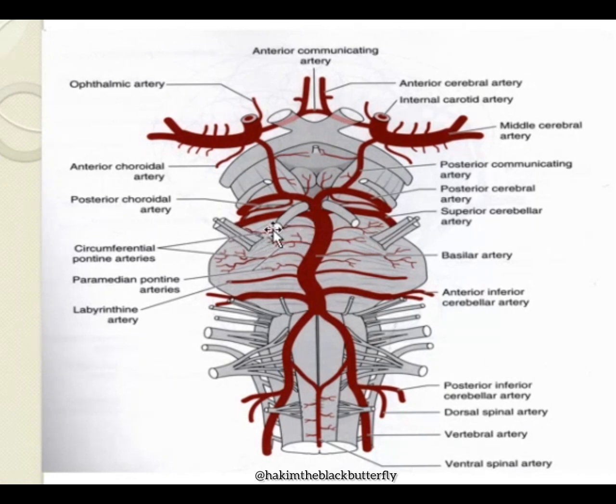Others are short. They call them paramedian pontine arteries because they only end at the anterior surface of the pons. But all of them are pontine arteries. The circumferential and the paramedian, all of them are pontine arteries, and they are supplying the pons.